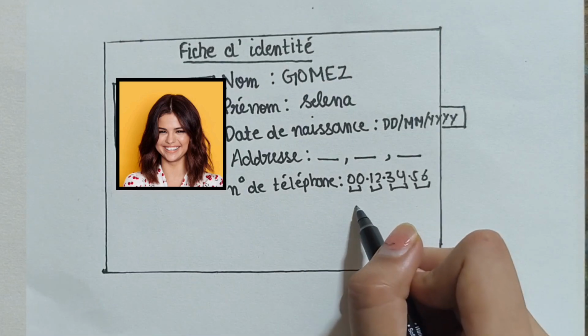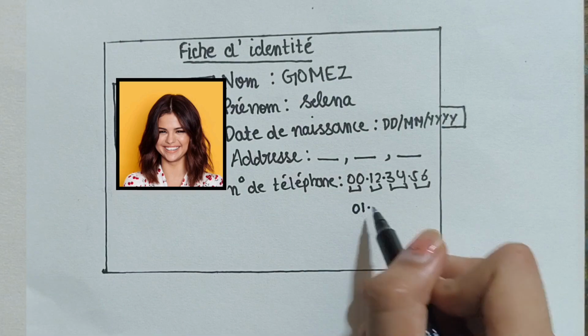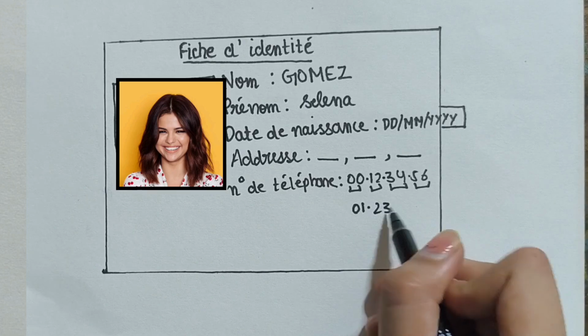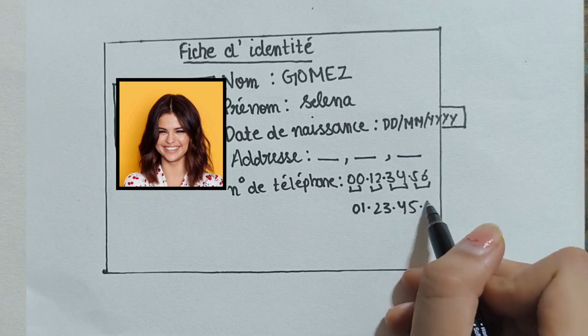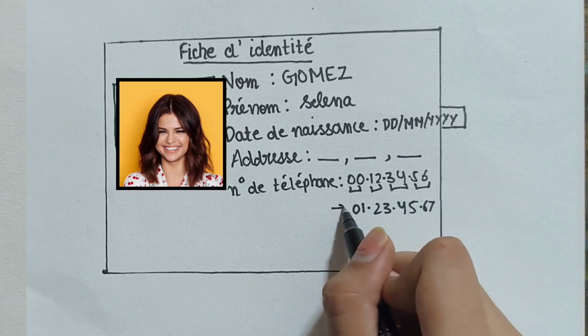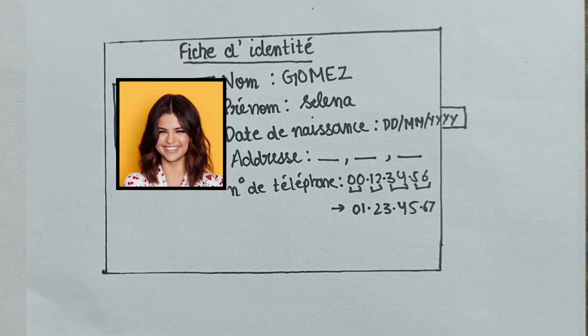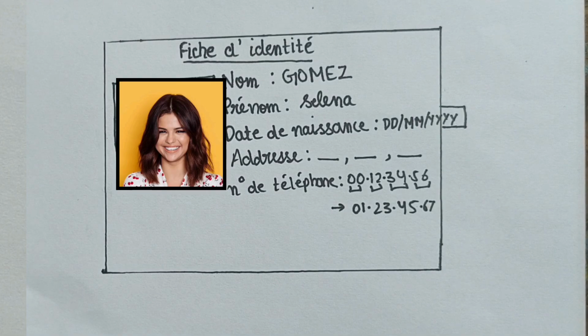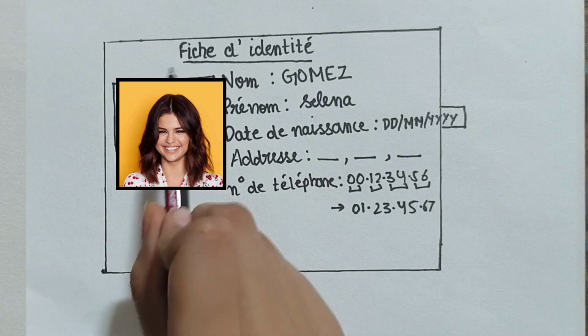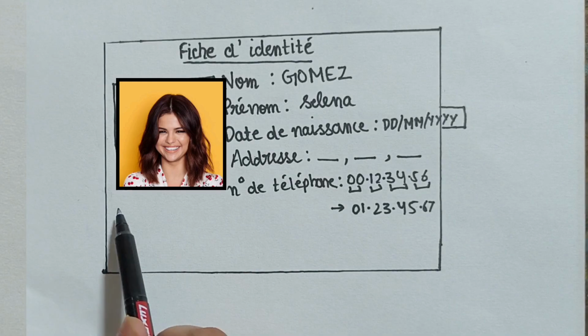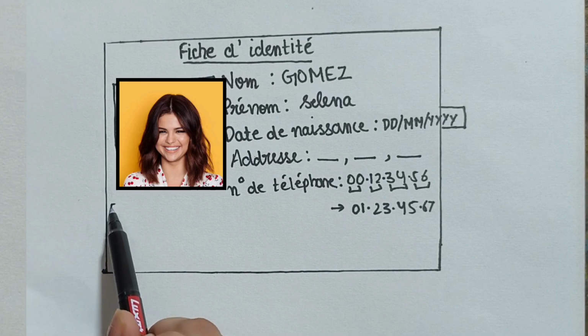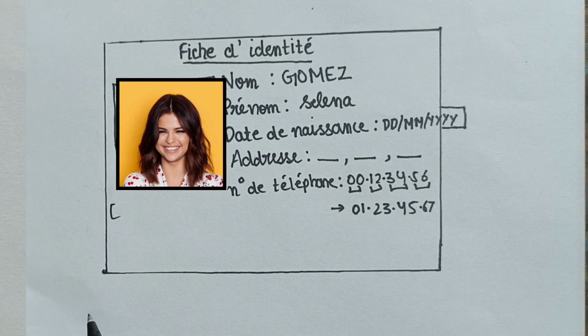So your number would look like this: 01234567. This is the way your telephone number has to be written. Alright, it's okay if your photo has taken only little space. You can start over from here if you need to mention more.